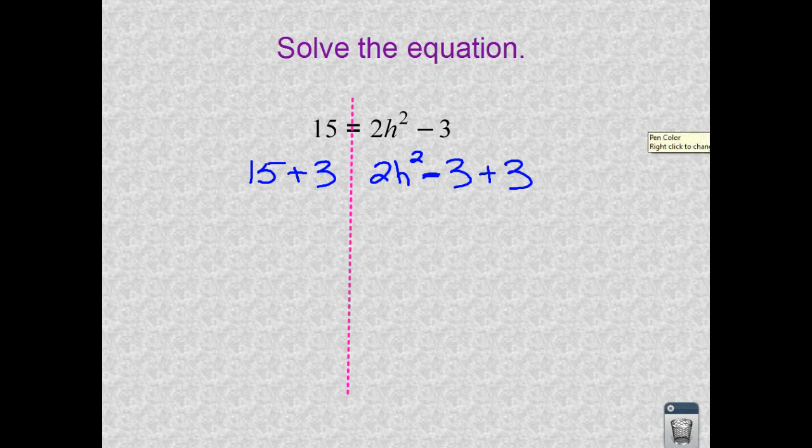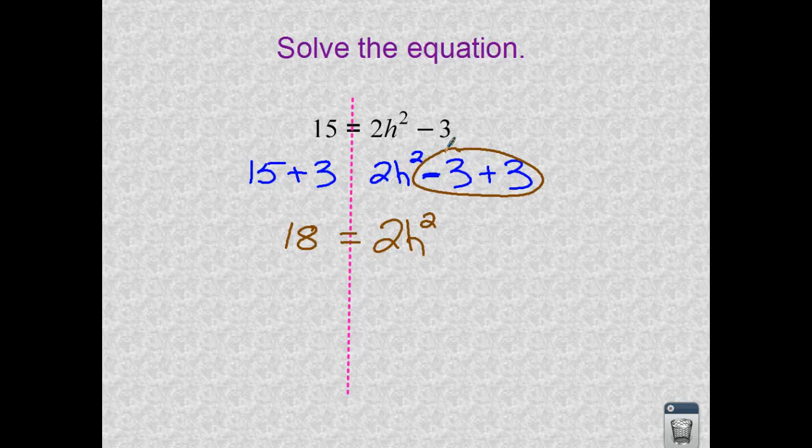All right, next step, 15 plus 3 is 18, and that's equal to 2h squared. And recall that that's a 0 now. We got rid of that. Next step, get rid of that 2 coefficient that's touching the h squared. Divide both sides by 2. And we are left with h squared equaling 18 divided by 2, which is 9.